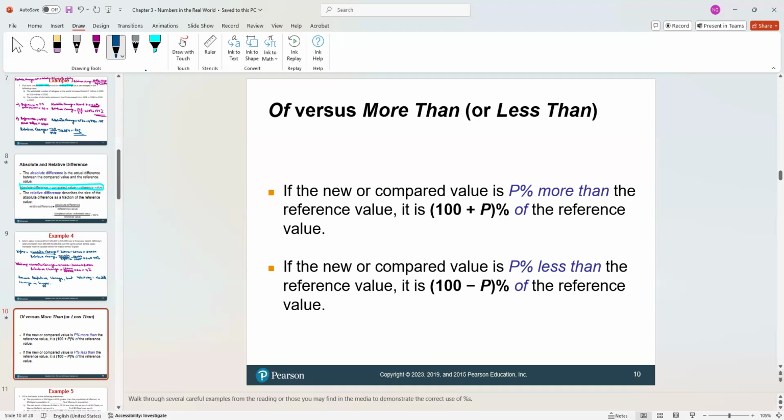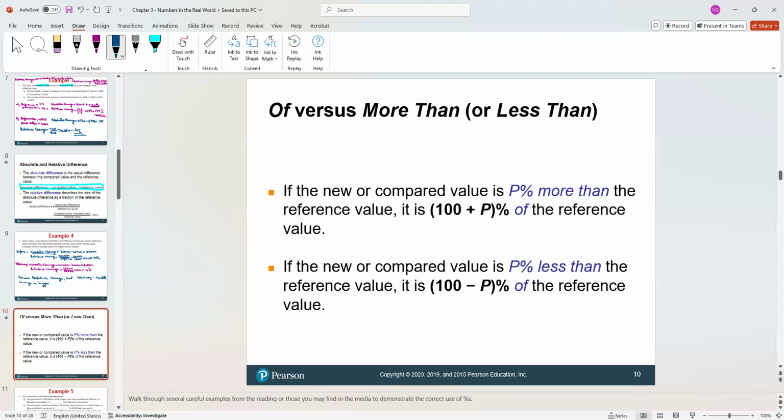So of versus more than or less than. If the new population or compared value is p% more than the reference value, it is 100 plus p% of the reference value. So if it's increased by 25%, then whatever you have, you need to multiply it by 1.25.